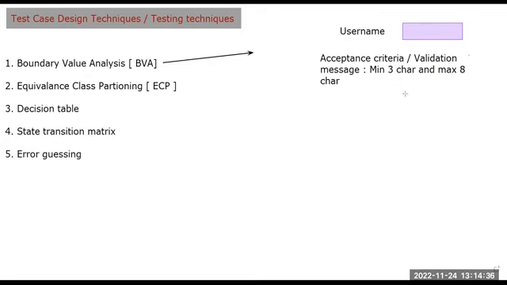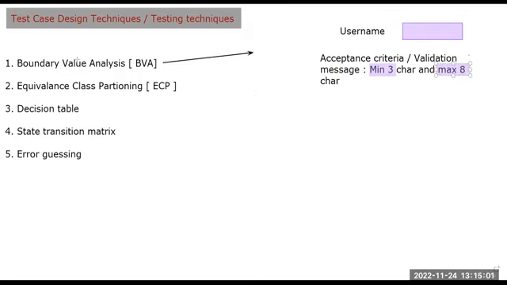Correct. So let's assume that in the application, in the requirement, we have such a feature where it asks for a validation message. Whenever you get a validation message saying that some minimum characters are required and some maximum characters are required, in that case we have to think about boundary value analysis.